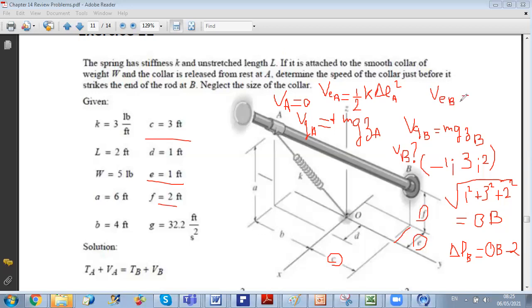So in both cases, the same terms are involved and you will end up with the same result for the final velocity. Okay? Any question on this?